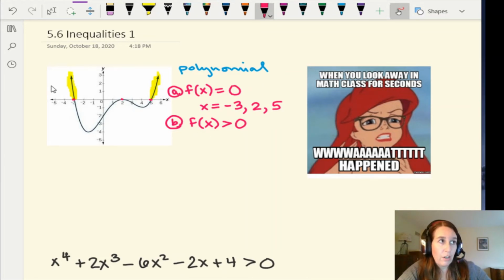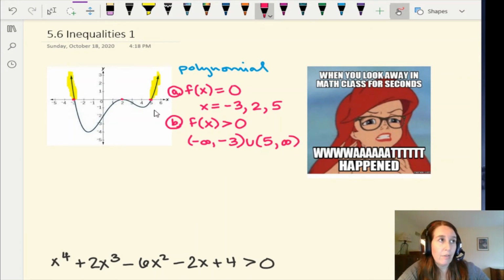So we're starting over here in x, negative infinity, and we end at this -3, and since it's just greater than 0, that's why we use a parenthesis instead of a bracket. And then I have another part over here starting at 5, again, the parenthesis because it's only greater than, it's not equal to 0. So we don't want to bracket the 5 and include the 5. And we end at infinity there.